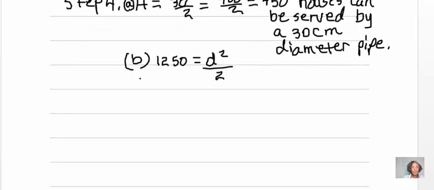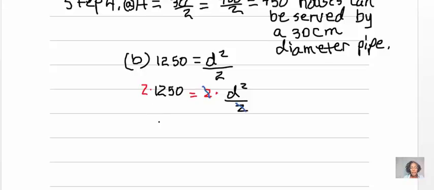So let's multiply both sides of this by 2. So on this right side, these 2's divide out to give 1. 2 divided by 2 is simply 1.